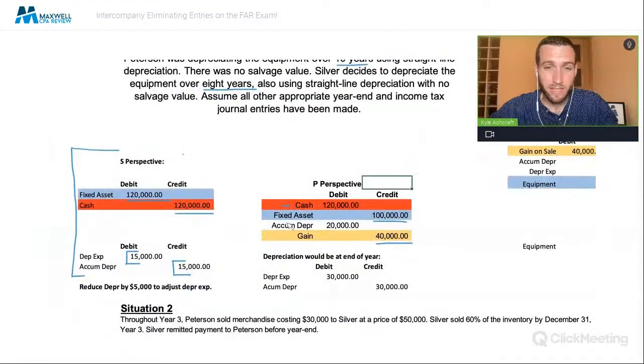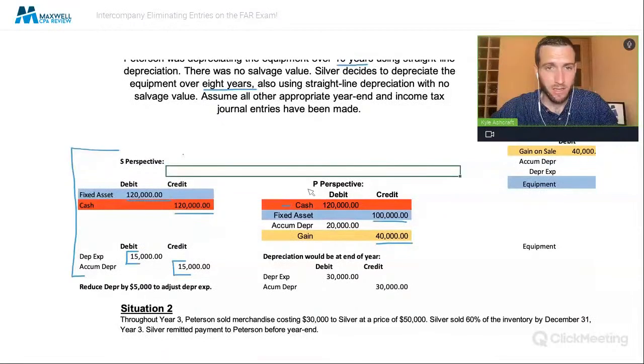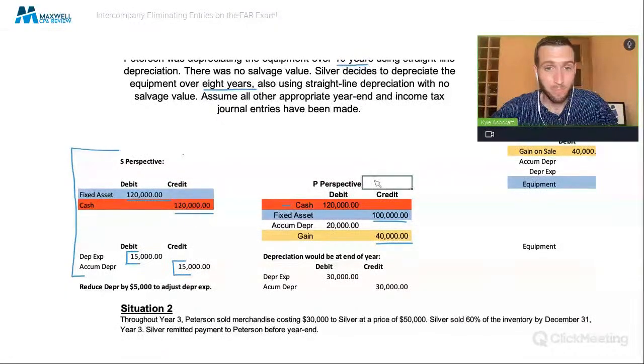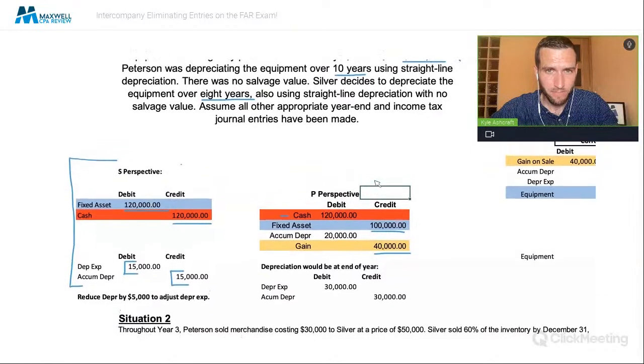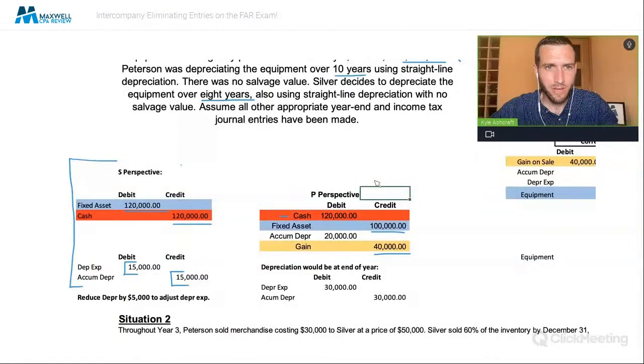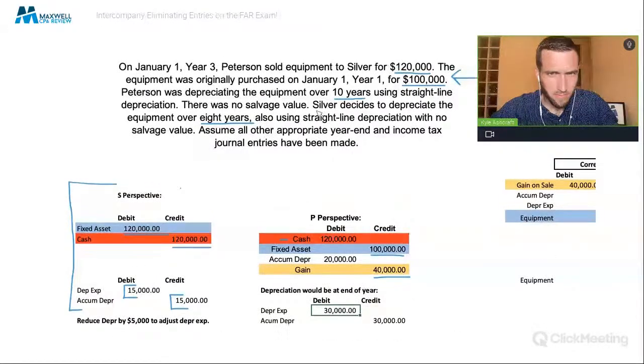Then we have to look at the accumulated depreciation and the depreciation expense. So the question is, what would it have been if this transaction never happened? Well, if P still owned it, then they would have had, let's see, okay, so 2 years have passed.